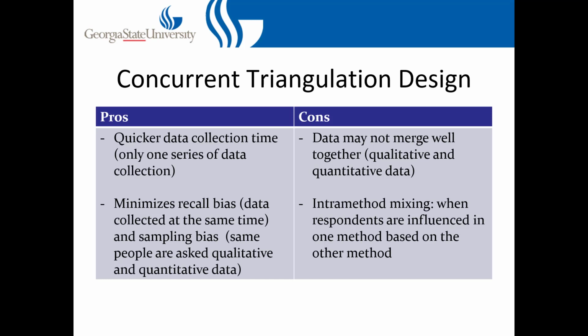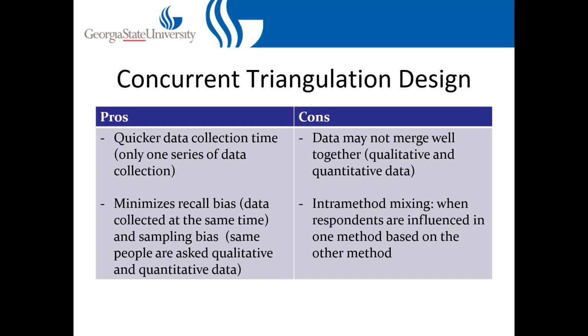We recognize that there's going to be a margin of error, and we want to be able to recognize that and understand it. It's also why we use confidence intervals when we interpret many of our statistics. So having a concurrent triangulation design minimizes that sampling bias because we don't have two different samples. We don't have one for the qualitative and one for the quantitative. We have the same folks in both.